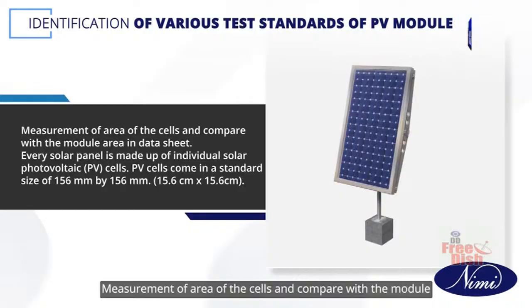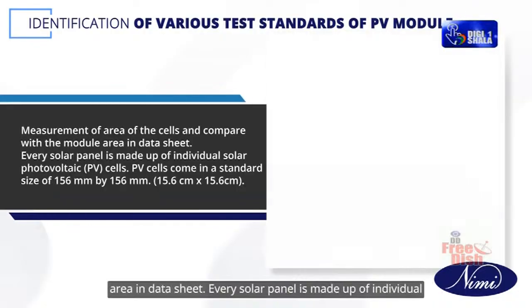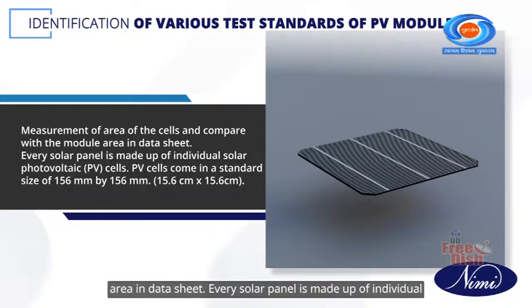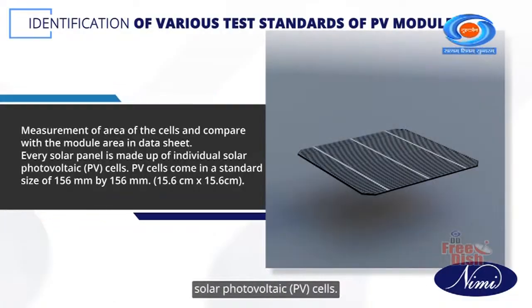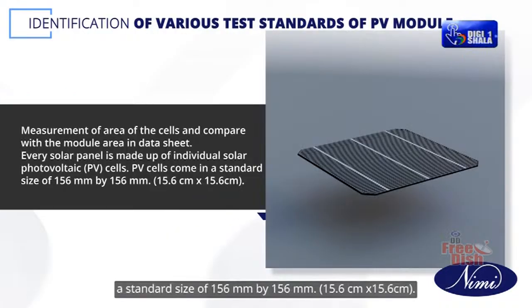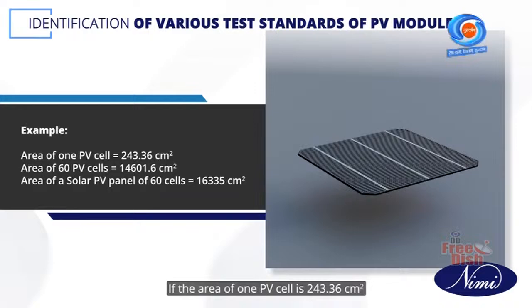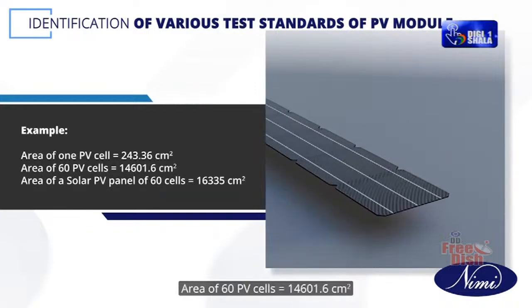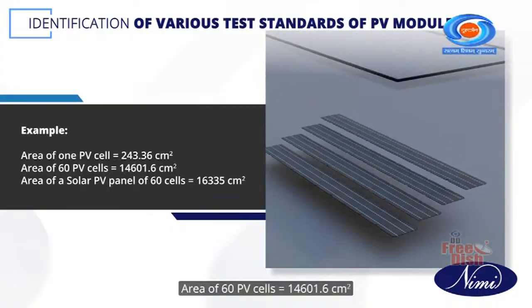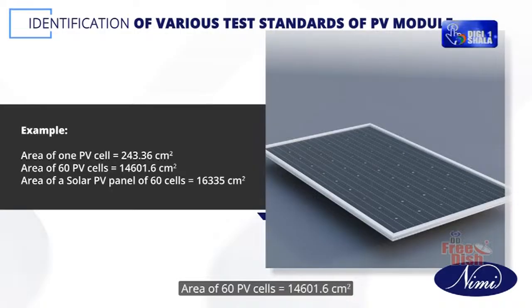Measurement of area of the cells and compare with the module area in the data sheet. Every solar panel is made up of individual solar photovoltaic (PV) cells. PV cells come in a standard size of 156 mm by 156 mm. For example, if the area of one PV cell is 243.36 cm², the area of 60 PV cells is equal to 14,601.6 cm².